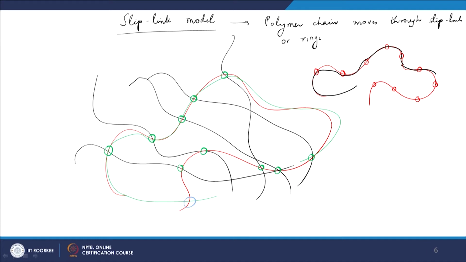So, some of the slip links remain and some are lost, and of course, some new slip links will be formed in the system. The slip links are not created or destroyed in the meaning of a junction, but you can think that the chain forms new slip links with other chains, and it passes through the old slip links. Once that chain passes through the old slip links, there may still be other chains in that slip link ring, they remain there, only one chain managed to pass through.